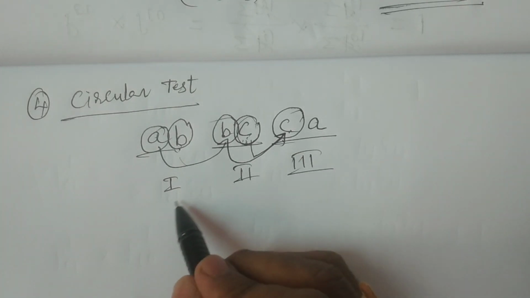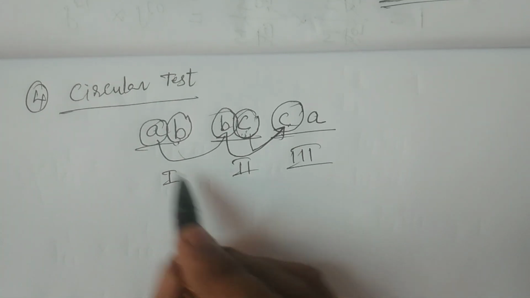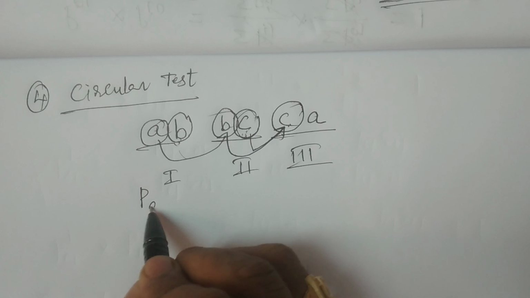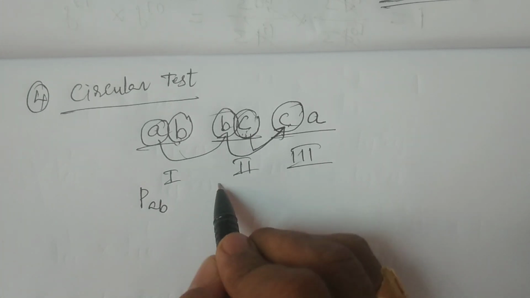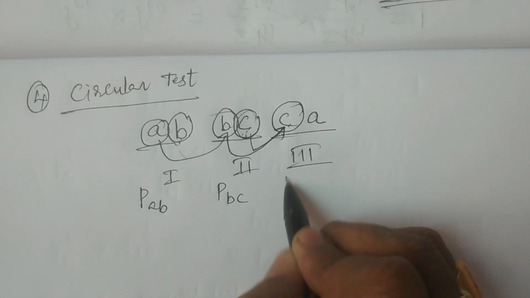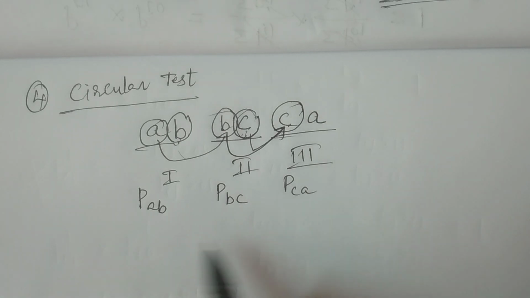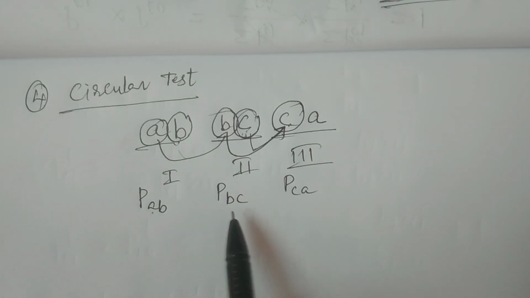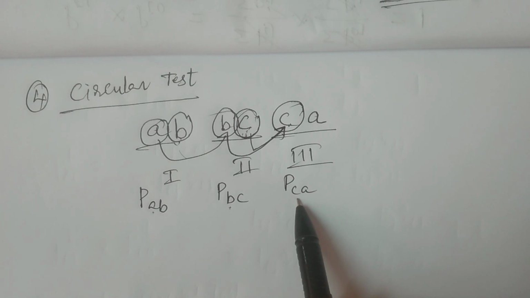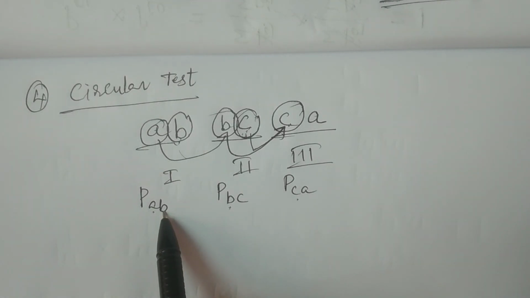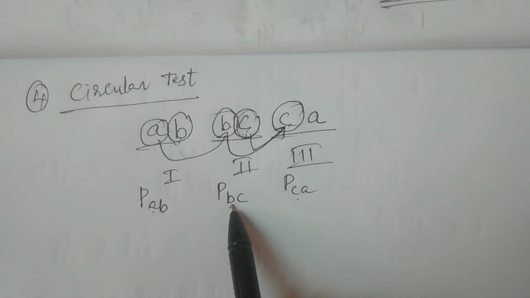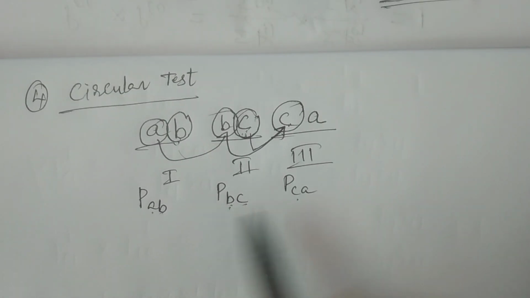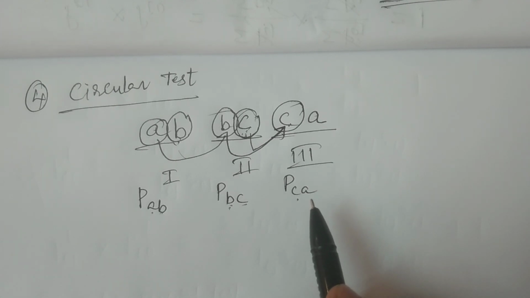Three index numbers we are calculating, that is, for example, the first one PAB we consider a price index number, PBC and PCA. This is called shifting the base period. Here the base period is A, here B, here C. Here the current period is B, which becomes the base period of the next one. Here the current period is C, which becomes the base period of the next one. It is an extension of the time reversal test.